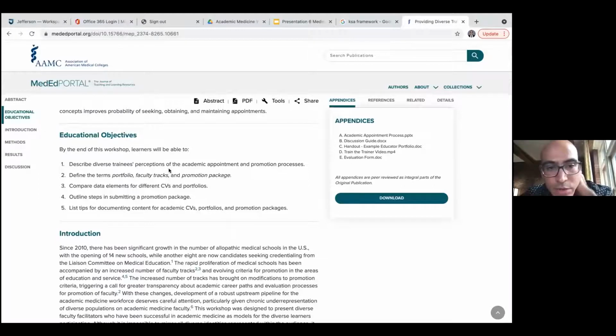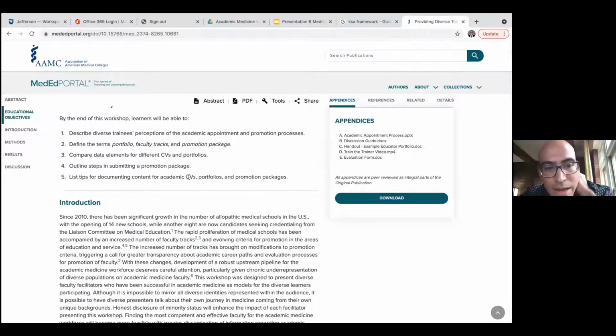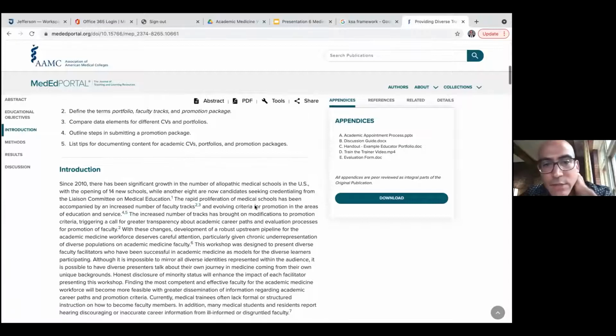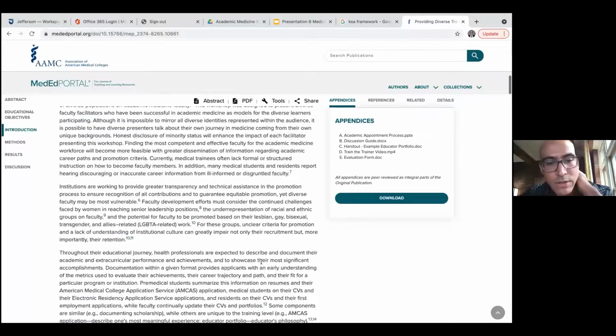Describe diverse trainee perceptions of academic appointment and promotion, define different terms that are pertinent to that process, compare elements of CVs and portfolios, outline the steps of submitting a promotional package, and then list tips for documenting content on CVs, portfolios, and promotion packages.